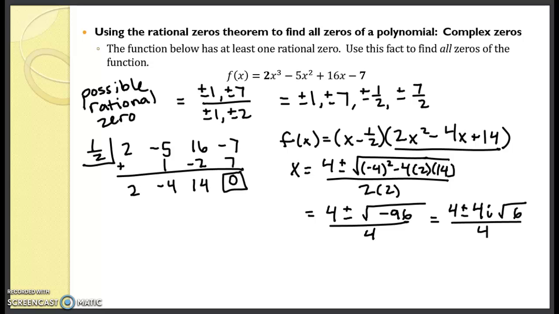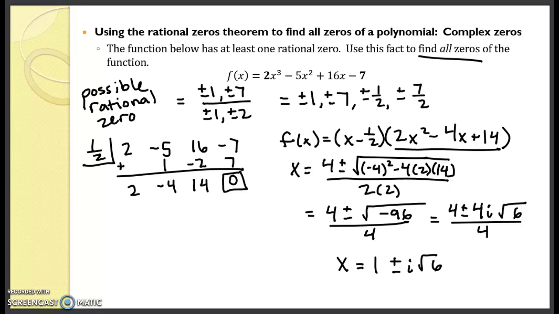Now remember, each of these pieces is being divided by 4, so simplify a little more and we get x equals 1 plus or minus i square root 6. So what are our zeros of the function?